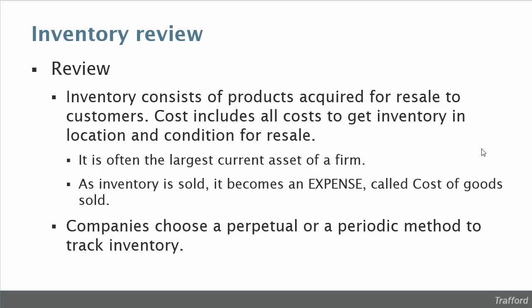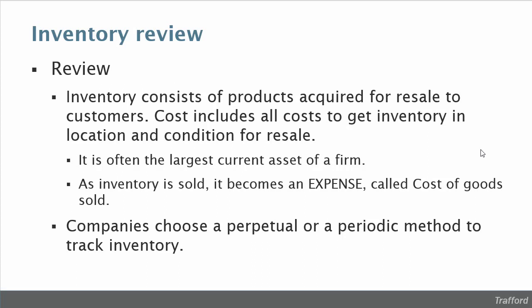So for a retailer or a wholesaler, that generally just included the invoice price, and you would add any shipping costs to get the inventory to the place of business if the company was responsible for paying that, as well as possibly things like assembly.